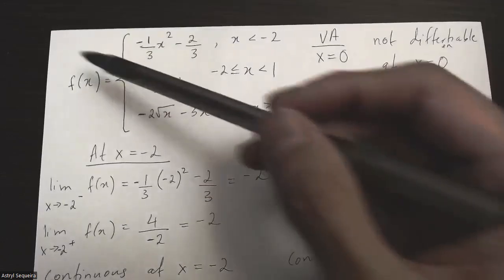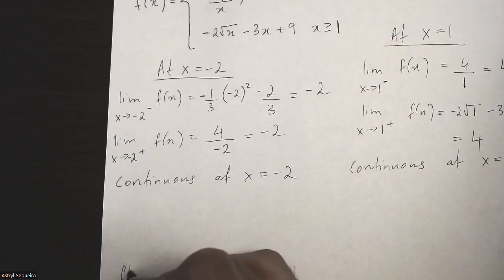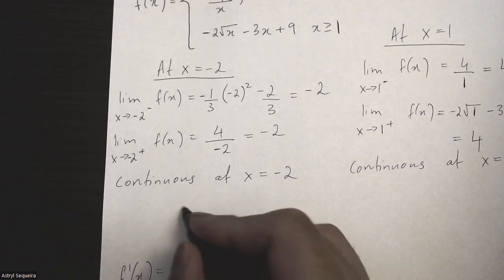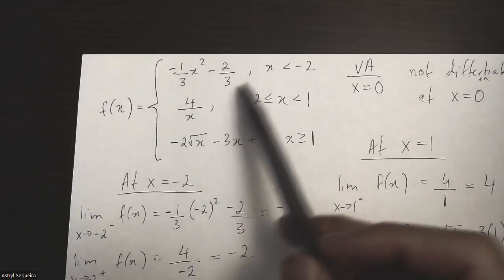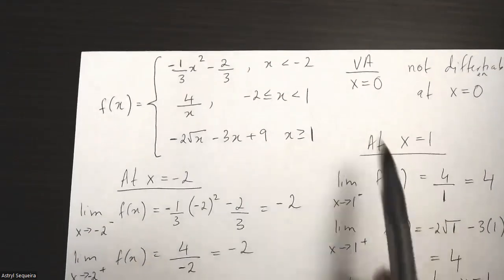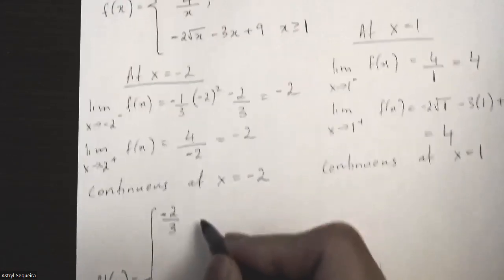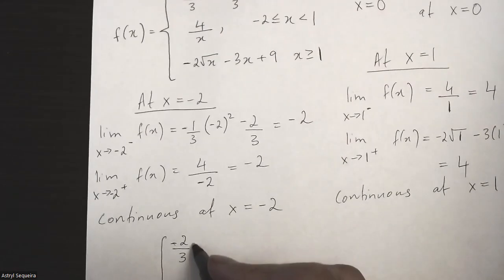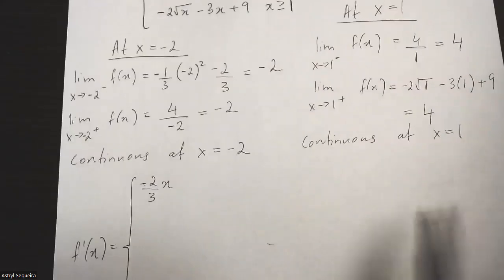So the next thing I want to do is derive this piecewise function. I want to find my f prime of x. Let's start with deriving the first function. That one is pretty simple. 2 times -1 over 3 is -2 over 3 times x, since the new exponent is 1, and the constant disappears.